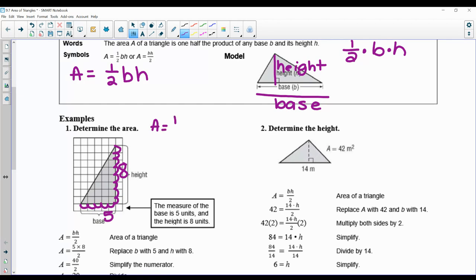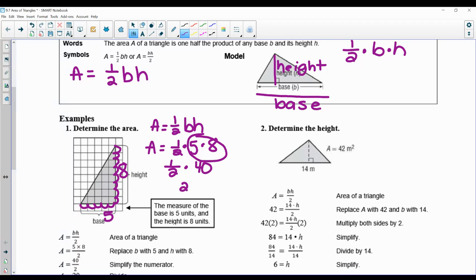So the formula is area equals 1/2 times base times height. You write the formula first, and then we replace. All of this is multiplication, so times 5, and then times 8. What I would recommend, and we were doing it in class, is to multiply these two numbers at the end. 5 times 8 is 40, and then get half of 40.